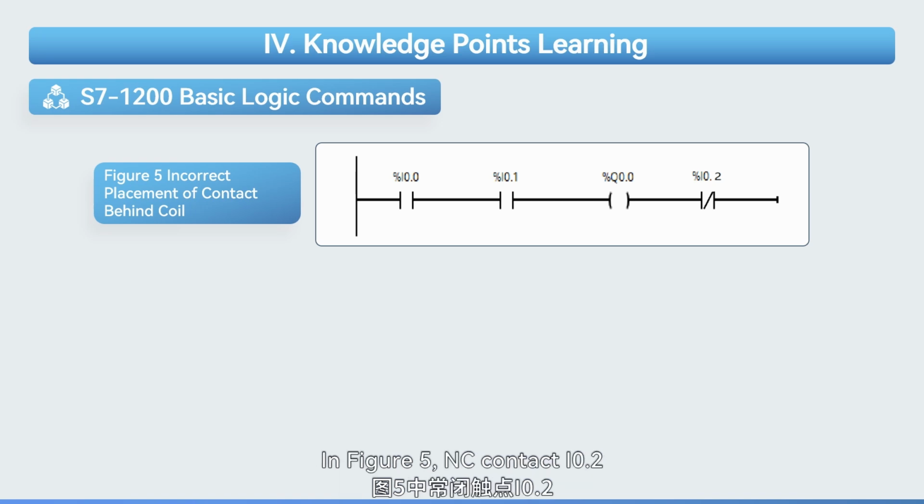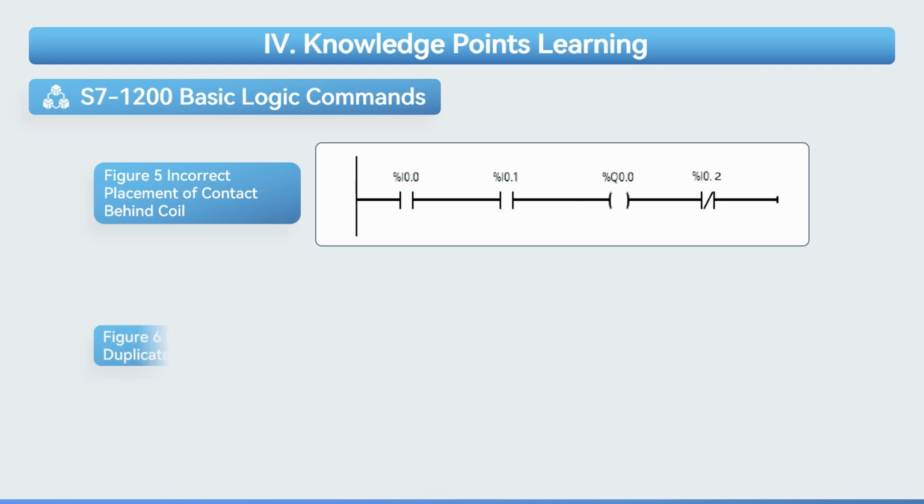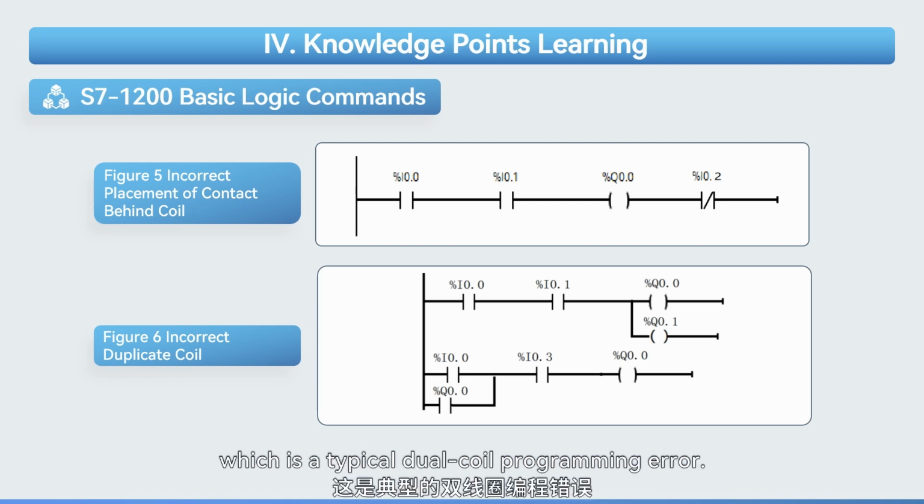In Figure 5, NC contact I0.2 is placed after coil Q0.0, which is not allowed in S7-1200 PLC programming rules. In Figure 6, the Q0.0 coil appears twice, which is a typical dual coil programming error.